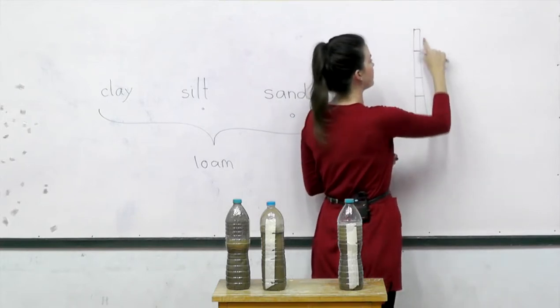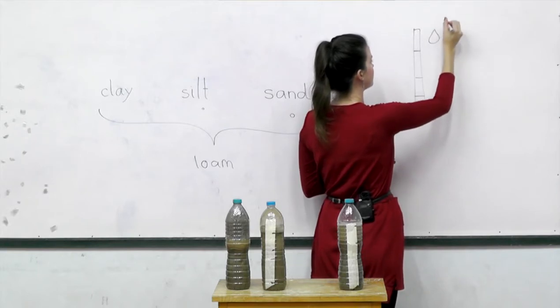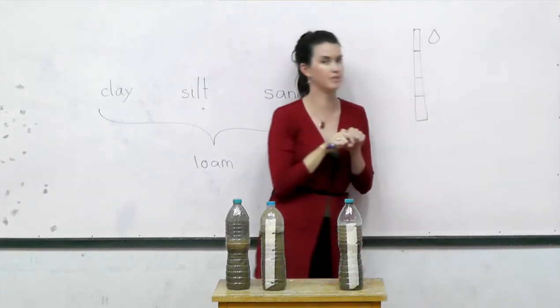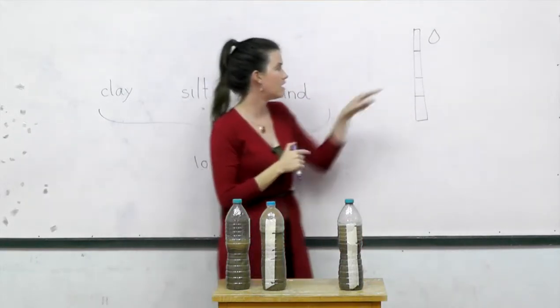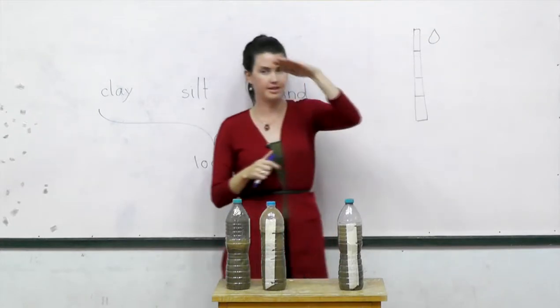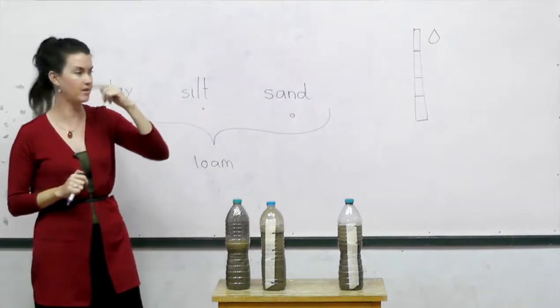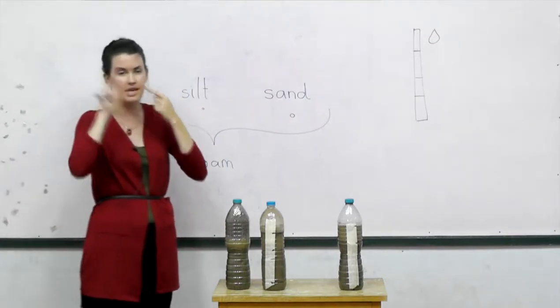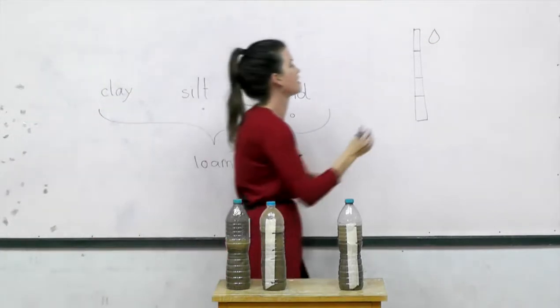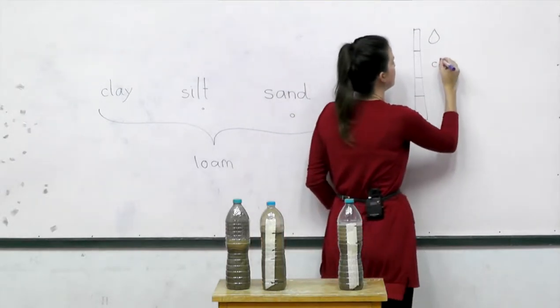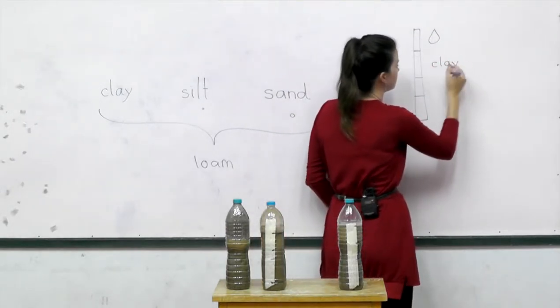I'm going to see if you know how to spell water. If we need help spelling it, that's okay. Our top layer is clay. It's clay because we can't see the teeny tiny pieces. It just looks like one color. So this layer is our clay.